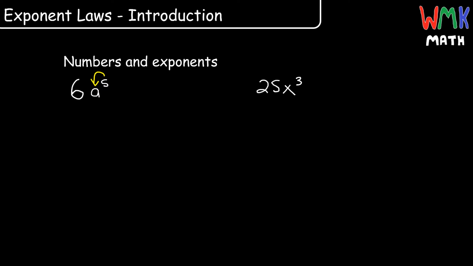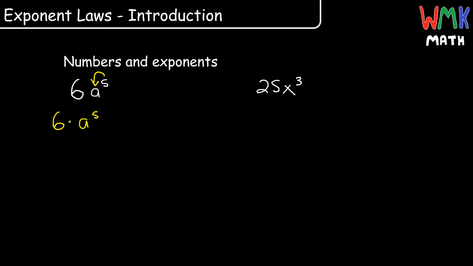Now, a little hidden secret is that, technically speaking, we can write 6a to the 5 as the following. 6 times a to the 5. And now you actually see that 6 is not really part of the base. We kind of separated them.